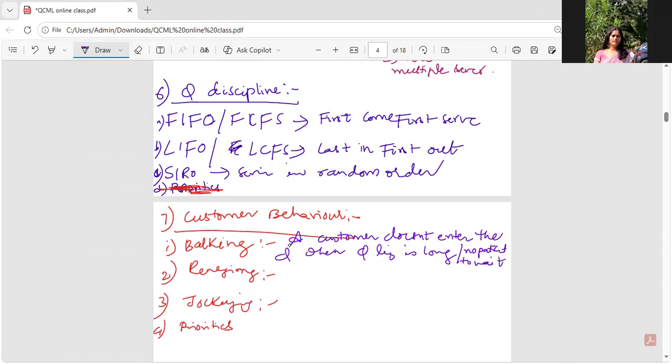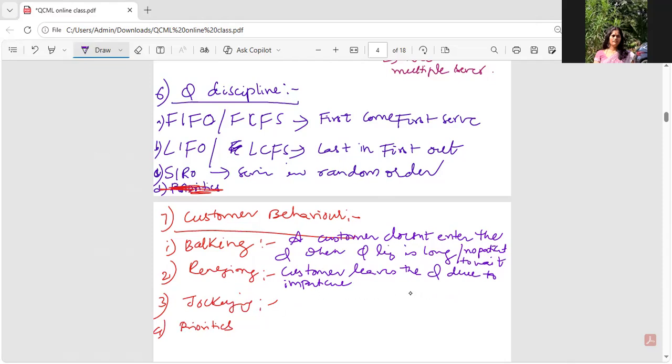Reneging is when a customer leaves the queue due to impatience. He has some work or got irritated with the situation around, so he left the queue. That's what is called reneging. Jockeying is simple, guys.